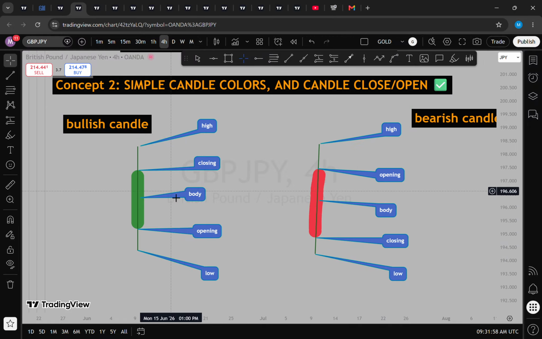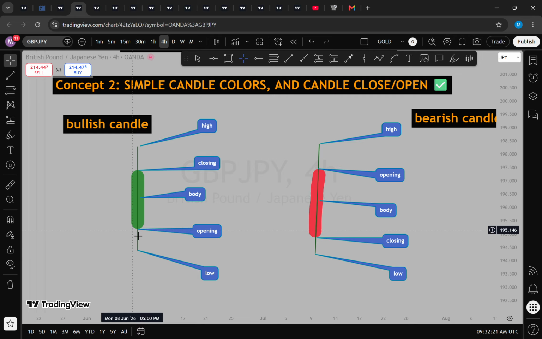When we have a bullish candle, it opens from the bottom right here and creates a low right here. How was this low created?